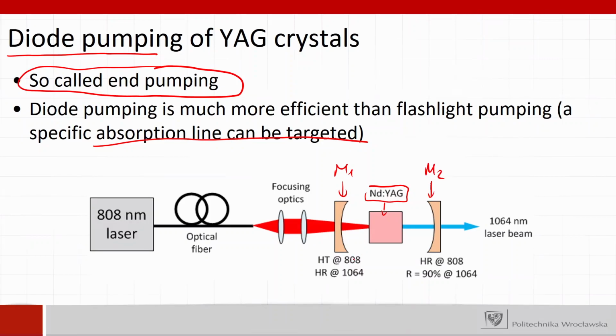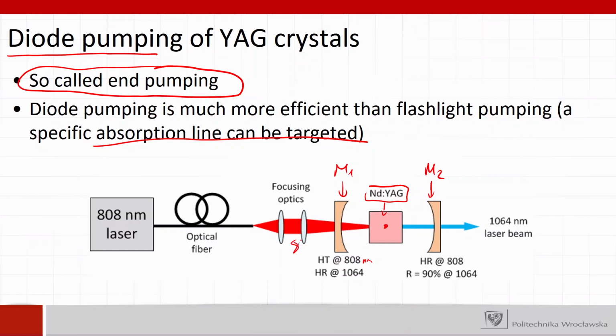This first mirror needs to have characteristics so it transmits 808 nanometers. So this is HT, where HT means high transmission and HR means high reflectivity. So if we take our 808 nanometer laser, it might be a fiber coupled laser or not necessarily, it doesn't matter, we just use some optics to focus the light on our crystal here.